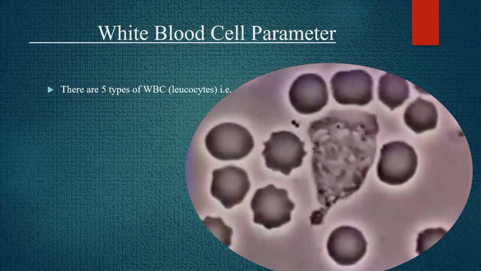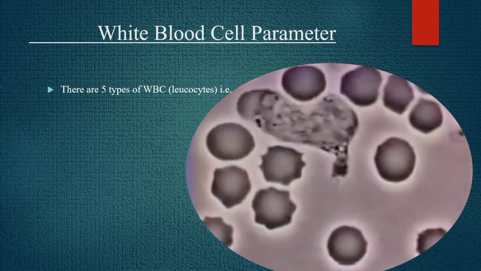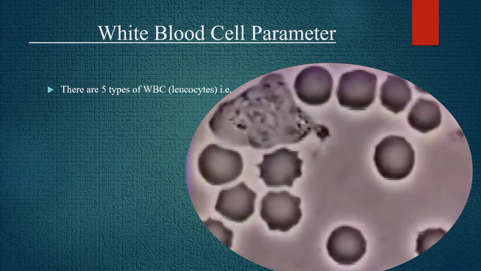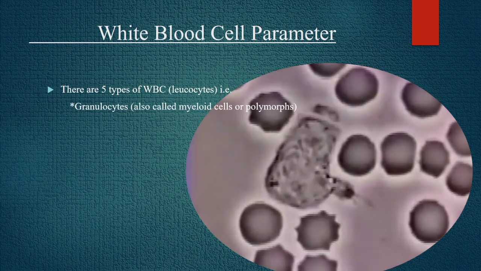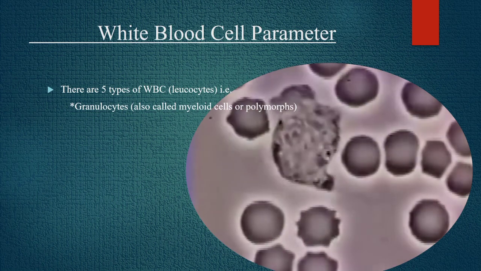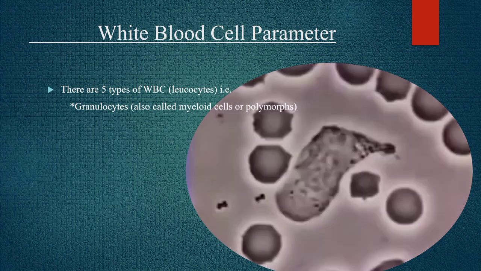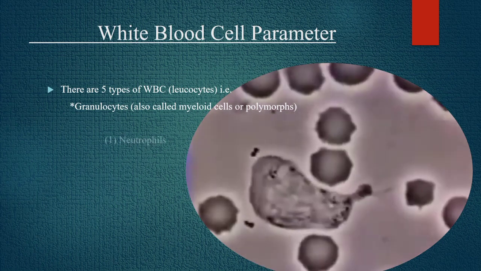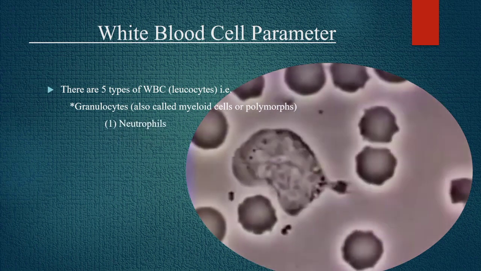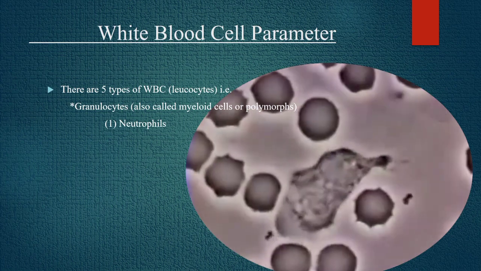And there are 5 types of white blood cell. The white blood cells are called the leukocytes. There are the granulocytes, also called the myeloid cells or the polymorphs, subdivided into the neutrophils, which are further divided into the bands and the segs.